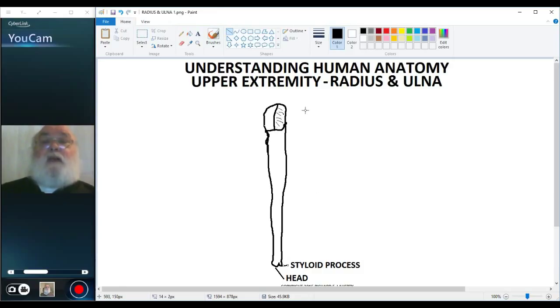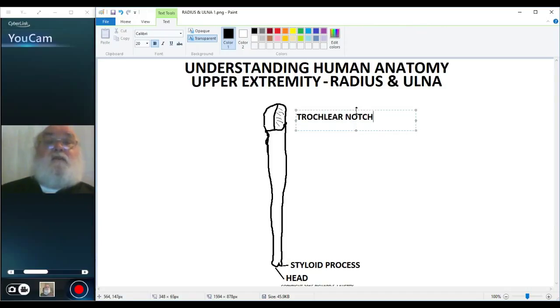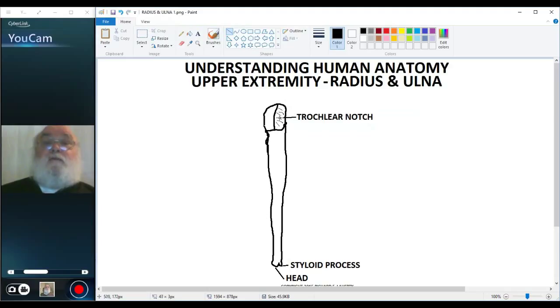At the proximal end, we have a notch. The trochlear notch. And the trochlear notch is the articular surface for the ulna with the humerus.